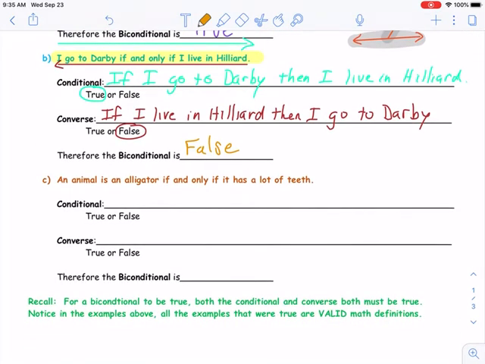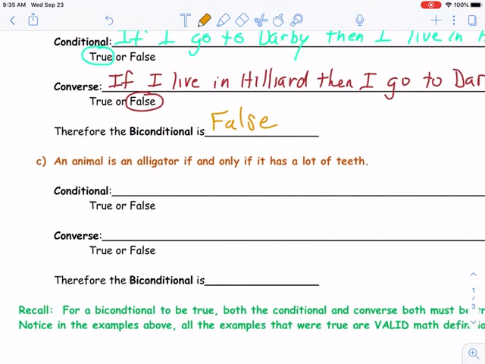An animal is an alligator if and only if it has a lot of teeth. I love alligators. Whenever I'm down south, I go searching for them and I find them. All right, I keep my distance from them, but I like finding them in the wild. Never wrestled them or anything like that. I should, though. I'd probably win.